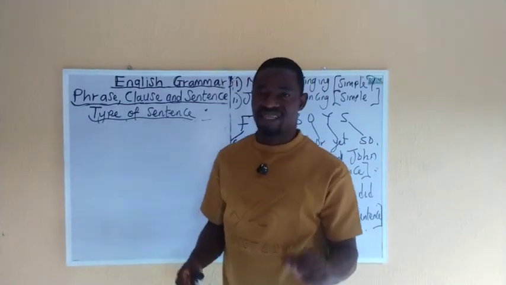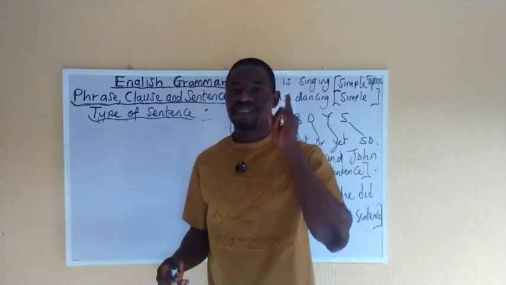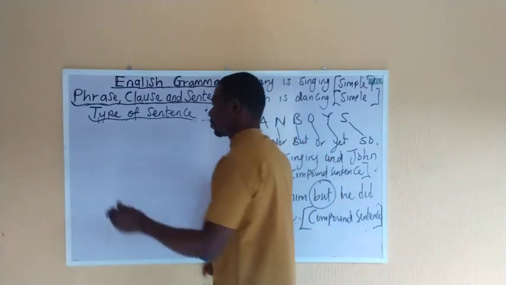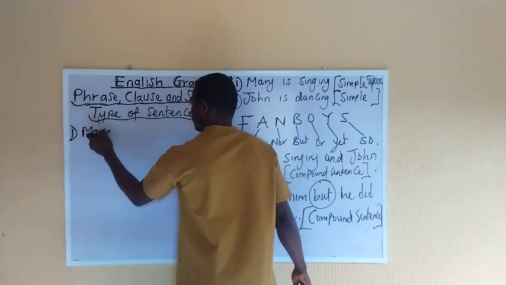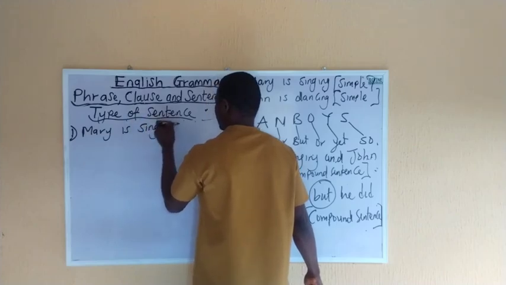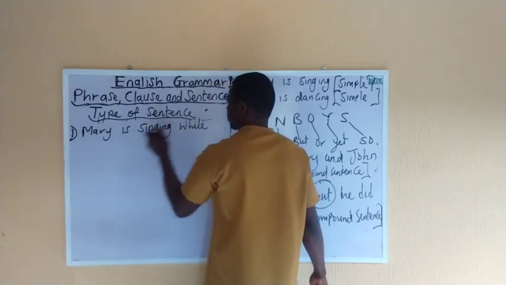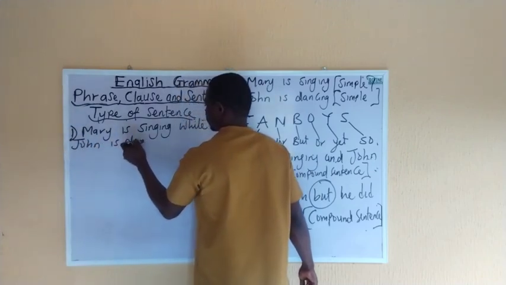Next is a complex sentence. A complex sentence consists of one independent clause and one dependent clause. Example 1: Mary is singing while John is dancing.